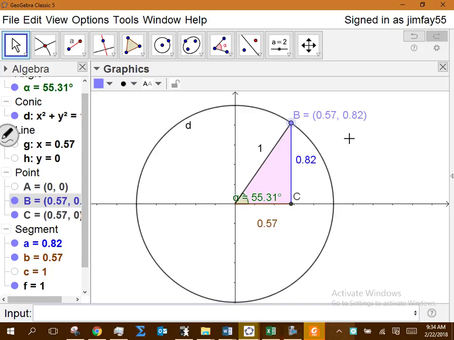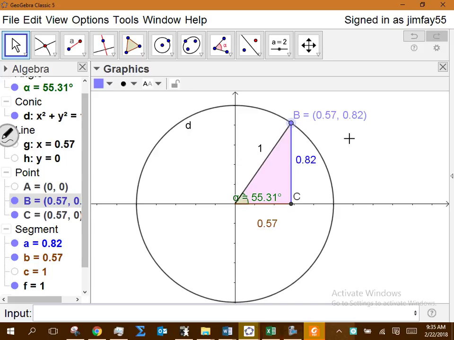So if you type in sine of 55.31, what do you get back? 0.82. If I type in cosine of 55.31, what do you get back? 0.57. And then we could also go in the inverse direction. Type in sine inverse of 0.82, and you're going to get back that 55.31 degree angle, or something close to it because of rounding error.